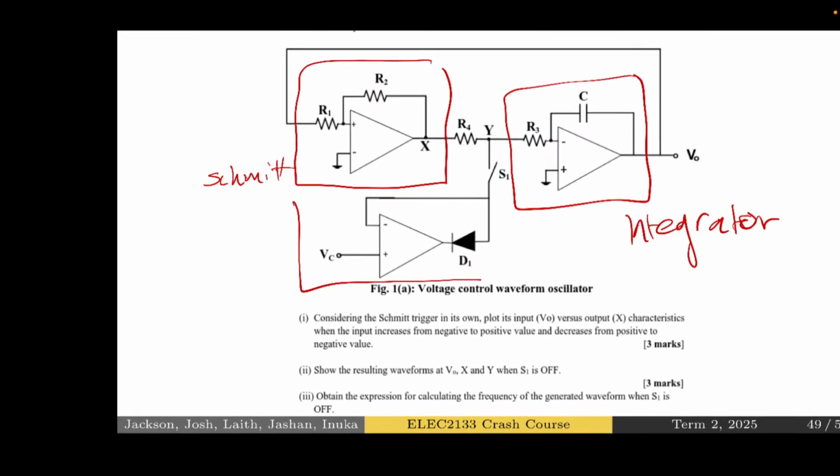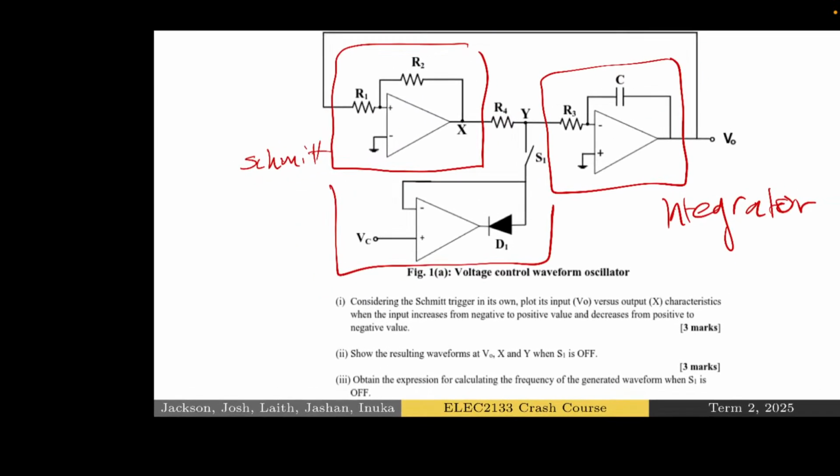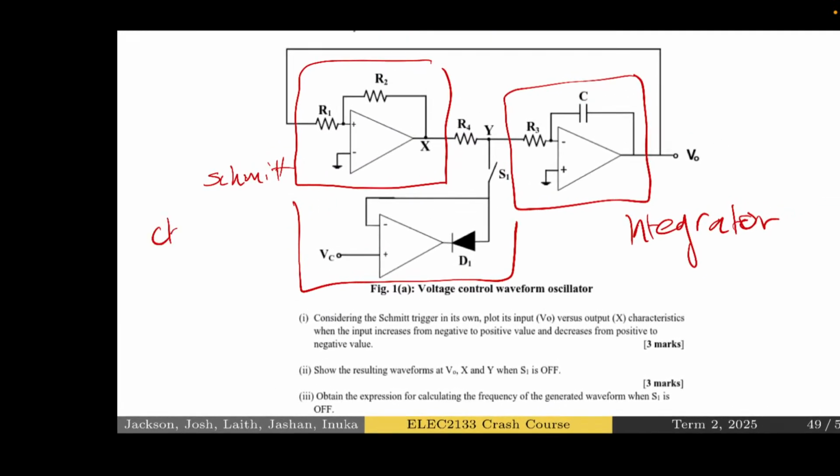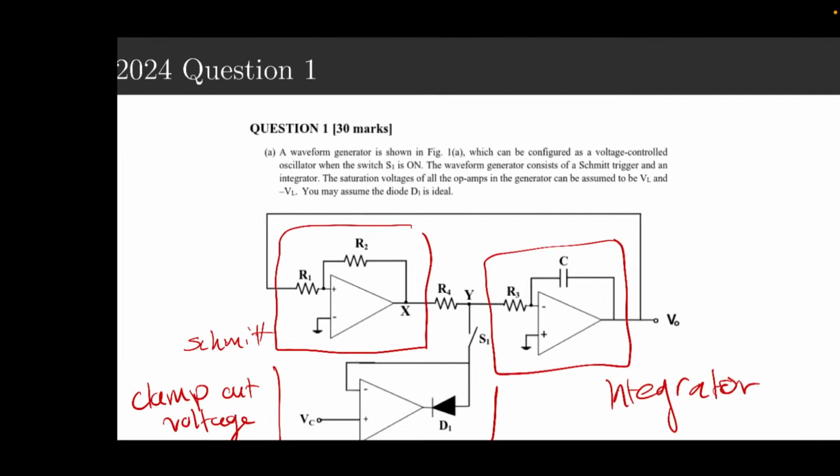And then this component down here is a clamper. Okay, so it'll clamp the output voltage. And we'll go through each component individually and figure out how they work. So to start off with, we want to consider the Schmidt trigger by itself. Alright, so let's just draw out the circuit.